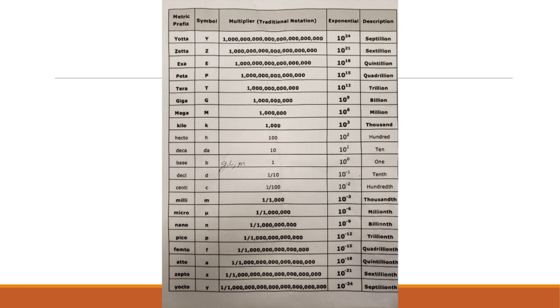Here are the ones that you're probably most familiar with: kilometer, hectometer, decameter, base, decimeter, centimeter, and millimeter. It might be kind of hard to see, but I have grams, liters, and meters written because base is really those three things, right? Gram, liter, and meter are considered the base units of the metric system.